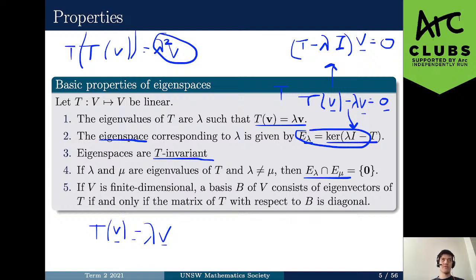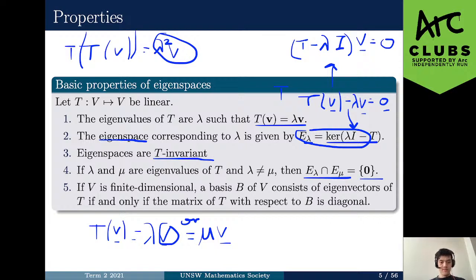It's either lambda V or mu V or something else. A single vector can't be both at the same time unless V is the 0 vector. In that case, these two things can be equal. So that's why the eigenspaces themselves don't have anything in common except for the 0 vector.